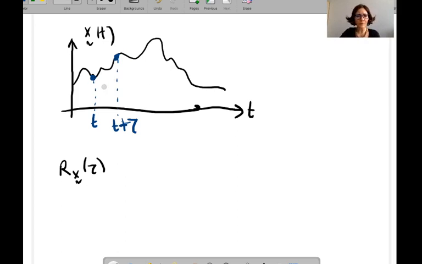Well, I could look at how this thing changes with tau in general, but I can't use any other realization.